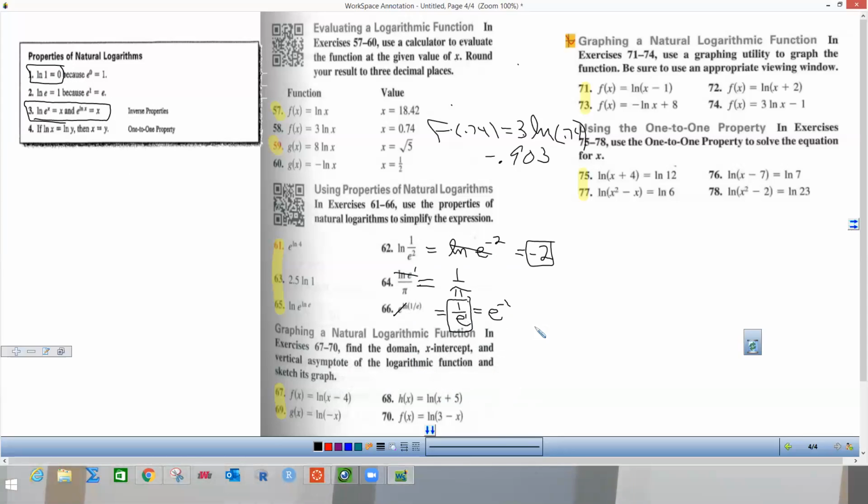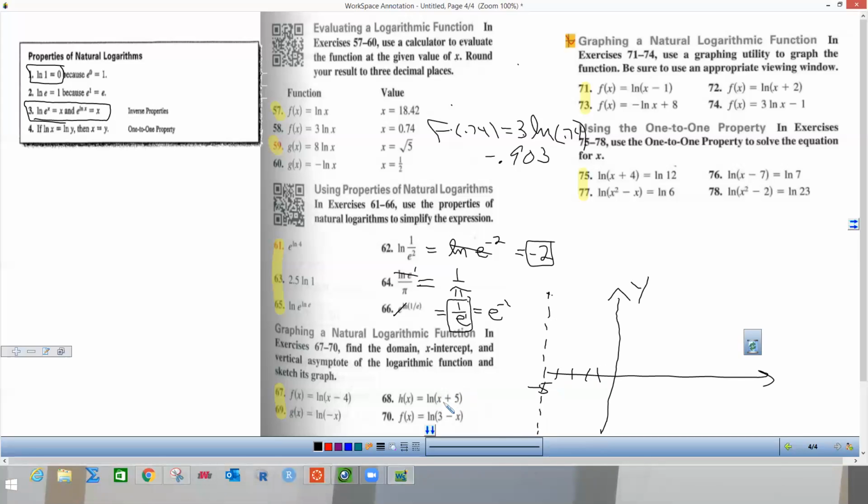You got to be thinking that your y-axis is your vertical asymptote, so x is greater than 0. The problem is this is a horizontal shift left 5, if you remember back from the day. 1, 2, 3, 4, 5 at negative 5. This thing right here is now your horizontal asymptote. I'm sorry, vertical asymptote. I said horizontal, it should be vertical.